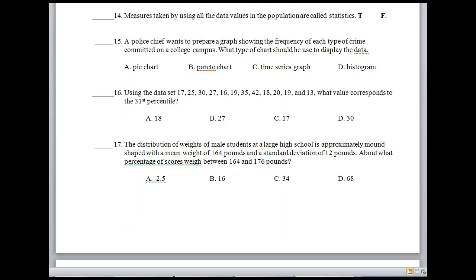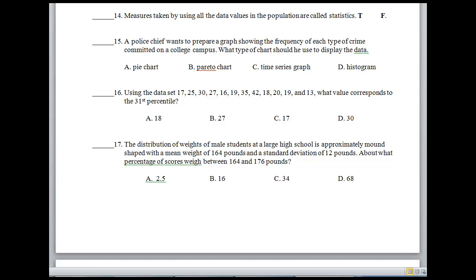Okay. What about number 15? Ooh. A police chief wants to prepare a graph showing the frequency of each type of crime committed on a college campus. What type of chart should be used, Mr. Lewis? Andrew Lewis? What type of chart should we use? Pie chart, Pareto chart, time series, or histogram?